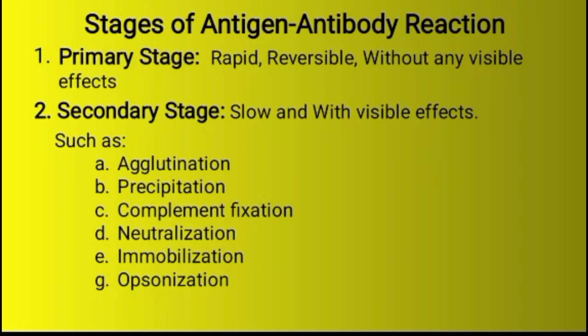There is precipitation, that is an individual affinity reaction between one antigen and antibody within one solution, within the blood or within one solution if it is outside the human body. Then there is complement fixation, where the complement system acts to destroy a particular antigen.